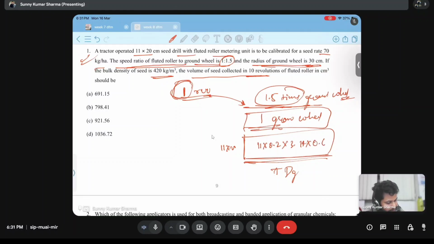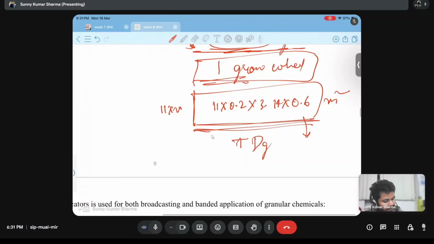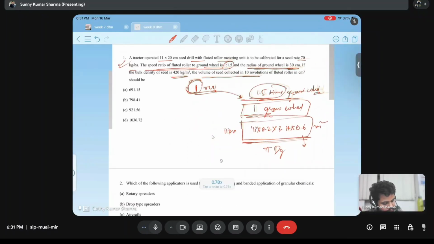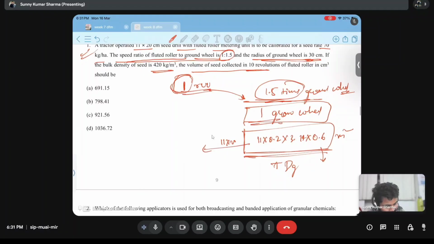This is what it is covering in one revolution. So in this condition, what is the seed rate? It is area into the seed rate, 70 by 20. We can take it out from the calculator. This will be multiplied to get the amount of seed.